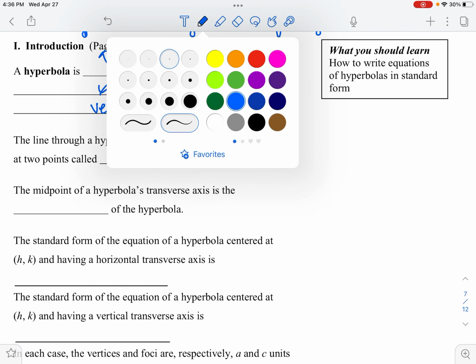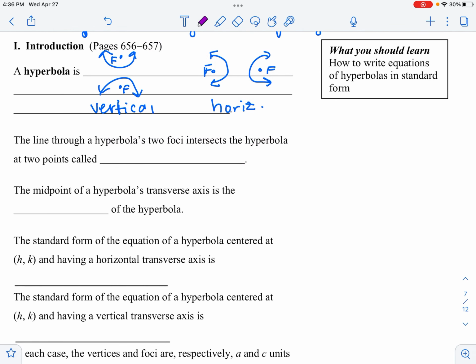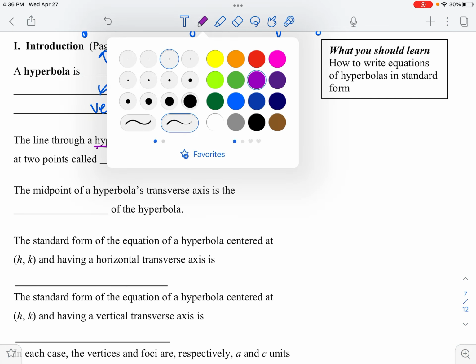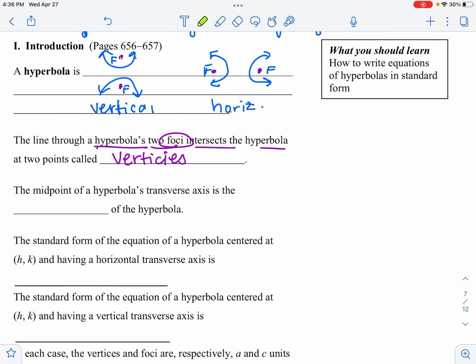Okay, so the line through a hyperbola's two foci, either these two vertically or these two horizontally, where it intersects the hyperbola, those points are called the vertices. So that would be where, if I were to connect these two points on the hyperbola, those are the vertices.